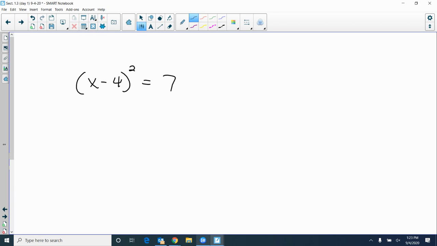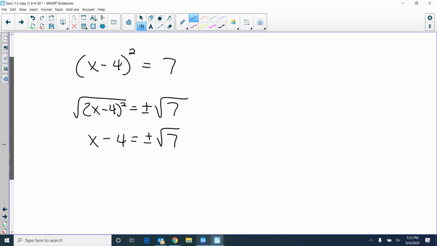Take the what? If you want to get rid of the squared, we take the square root. So if I got this, I can take the square root of both sides, but when I do that, this is a special case where you have to do plus or minus whatever's on the other side. Well, what's the square root of x minus 4 squared? It is x minus 4.